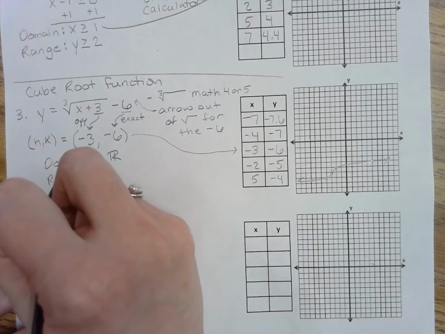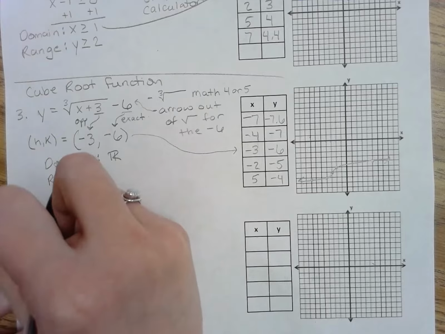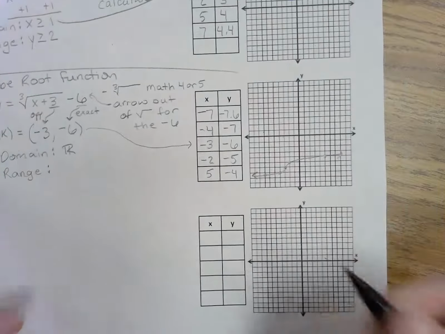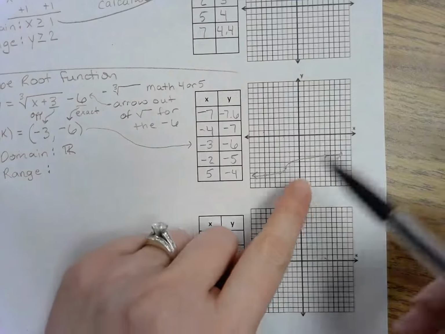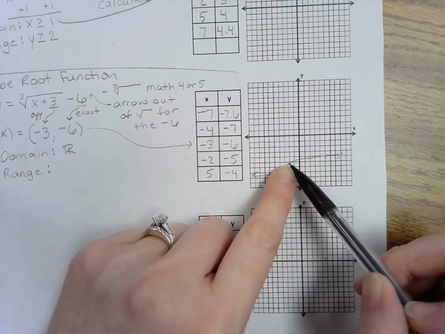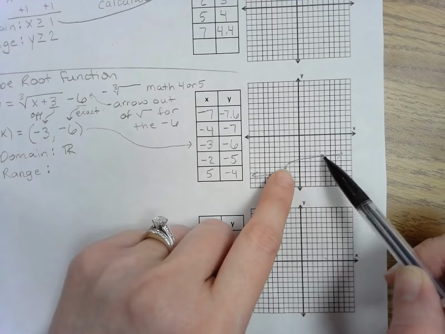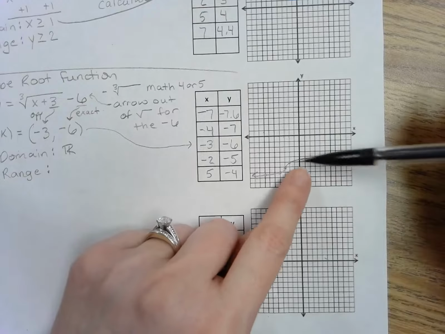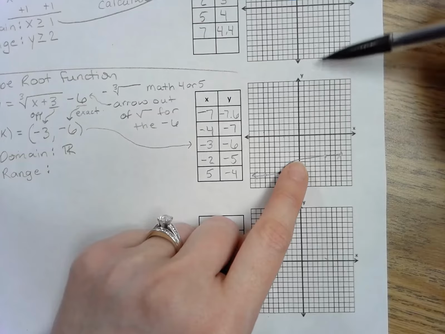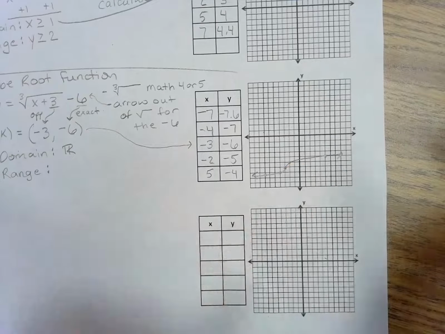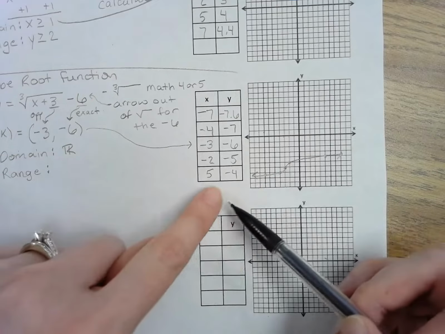The range, which is our y values, is actually also all real numbers. I know it seems like it's kind of flattening out, but it is actually growing. It's slow, but it is growing this direction. For the y's, eventually it will reach all of those. It's a slow process, but eventually it continues to grow out that way, as well as in the negative direction.